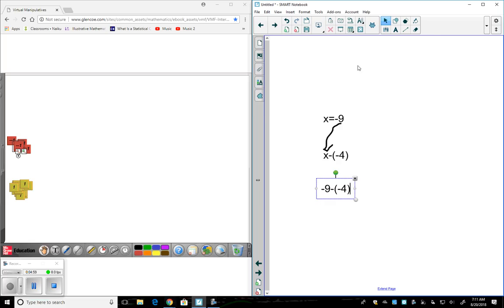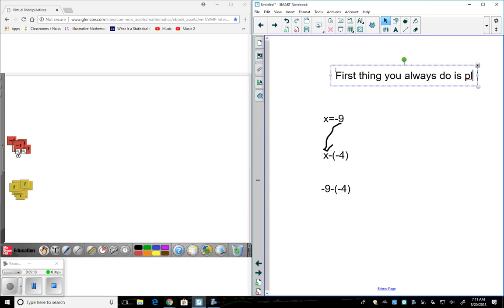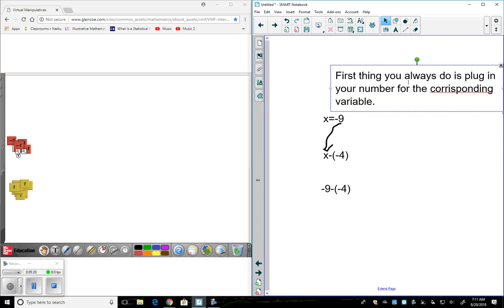First thing you always do is plug in your number for the corresponding variable. Yes, I know I spelled corresponding wrong, but thank goodness for spell check. So that's what I did. I plugged in that -9 and put it in for x.